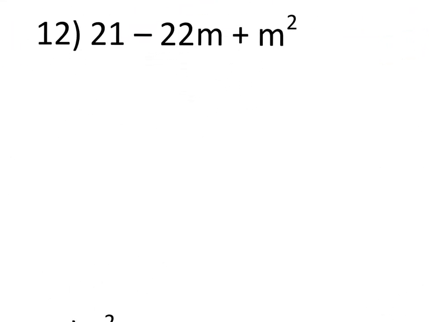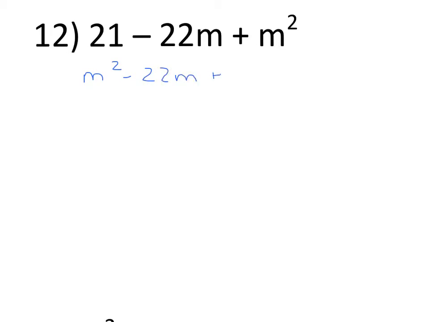This is one where we've got to rewrite in order first. So I've got m squared minus 22m plus 21. So I am looking for factors of 21 that get me -22. So -21 and -1 will be my factors that I'm going to use.